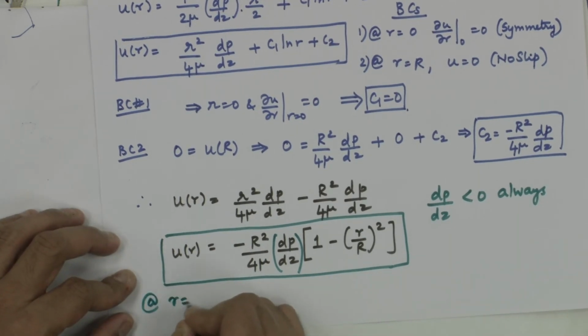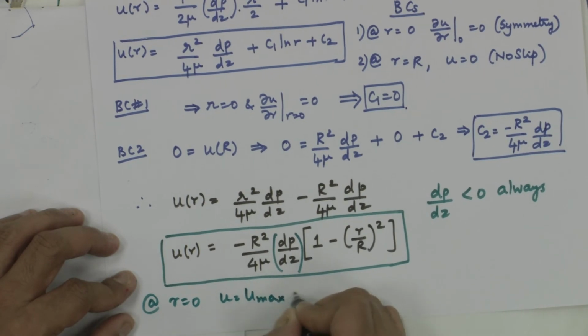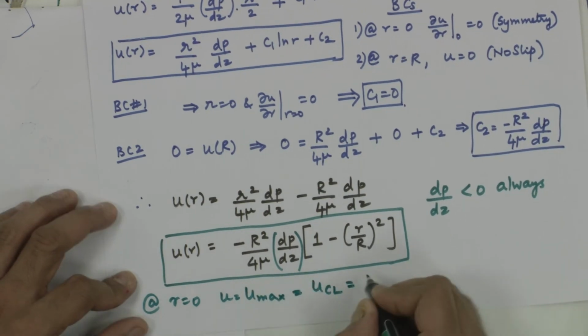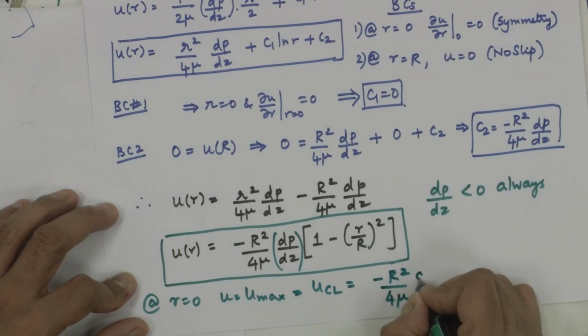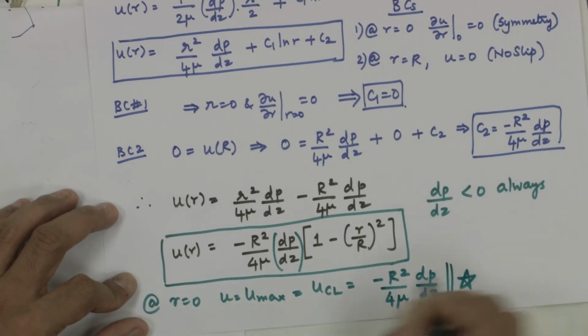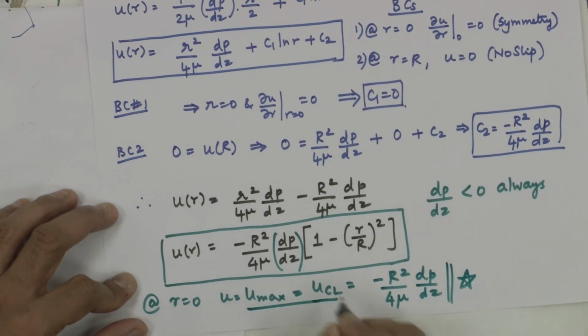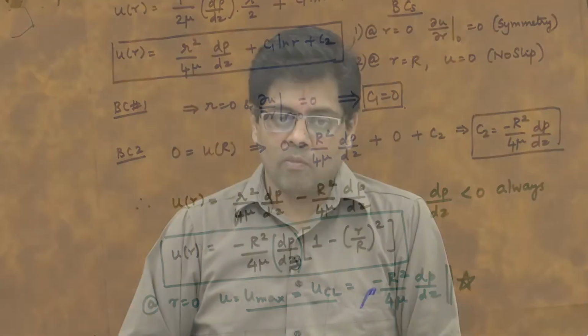Maximum velocity is at r equal to 0, where u is equal to u max, or u center line, which is nothing but minus capital R squared by 4 mu dp by dz. So this is one important quantity, the center line or maximum velocity. My next step is to get my maximum velocity.